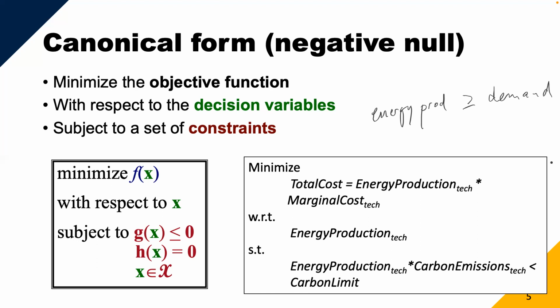So more properly, I guess this would be the sum across all technologies, for each technology, has to be greater than or equal to demand. And then you can have, like if you have some kind of cap on carbon, you could represent it in this way, where you have some energy production times carbon emissions, and that has to be less than some carbon limit.